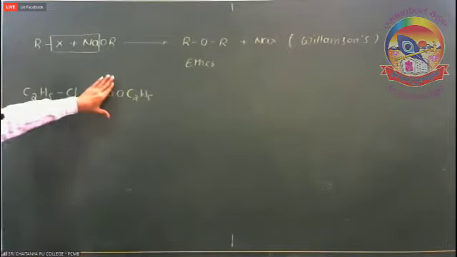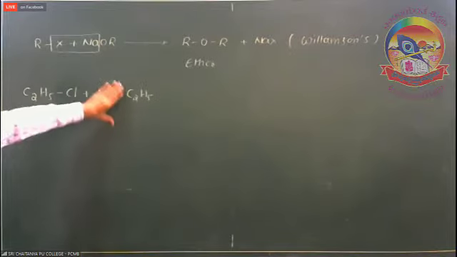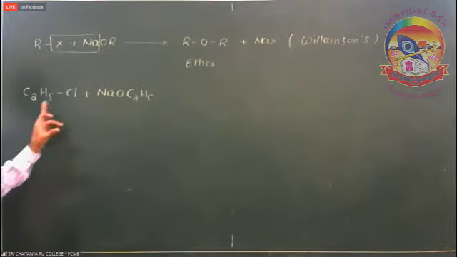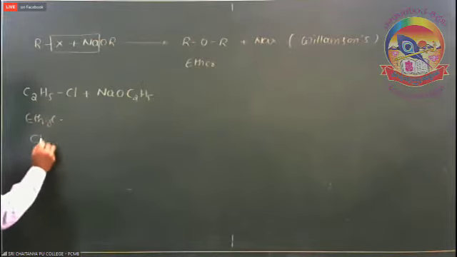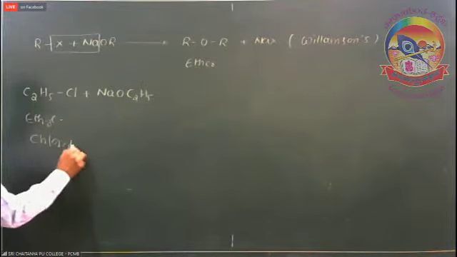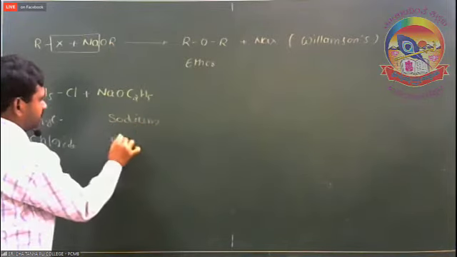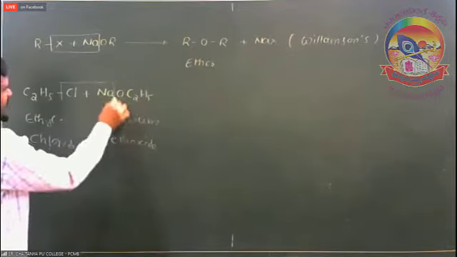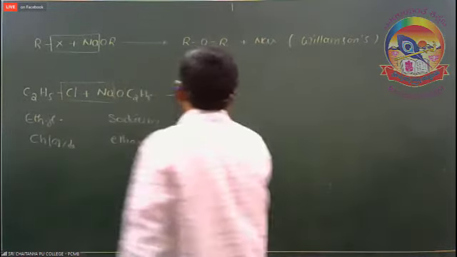C2H5O is called ethoxide, and this ethoxide is combined with sodium, so it is called sodium ethoxide. Ethyl chloride reacts with sodium ethoxide, and NaCl is eliminated.